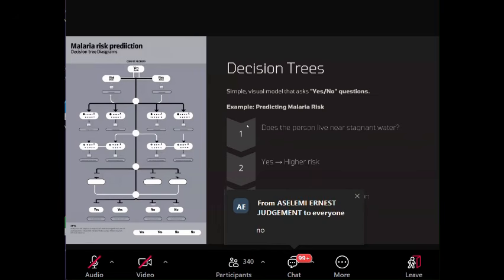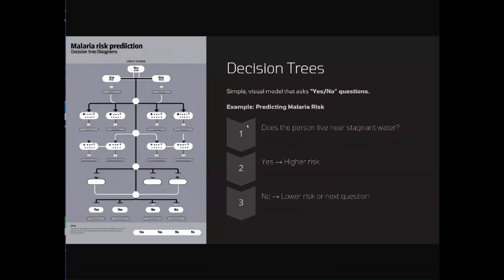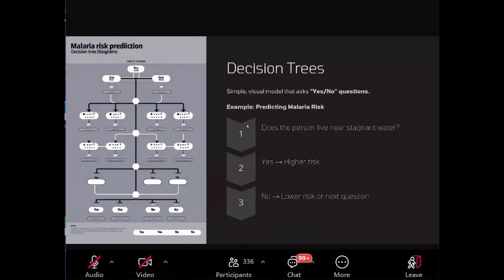Okay. So let's practicalize decision tree now. Let's say you are coming from Nigeria.